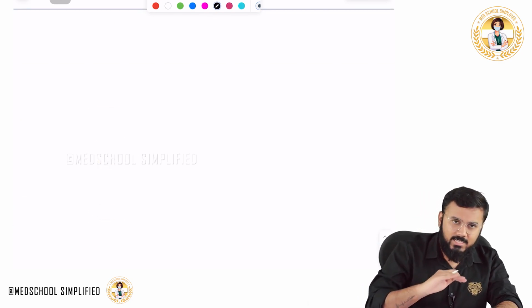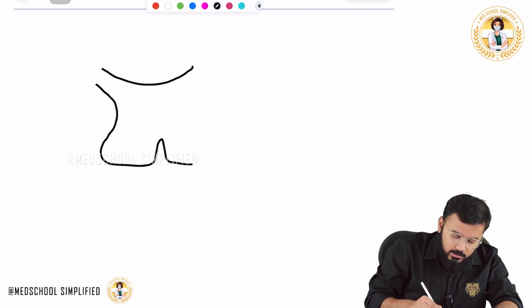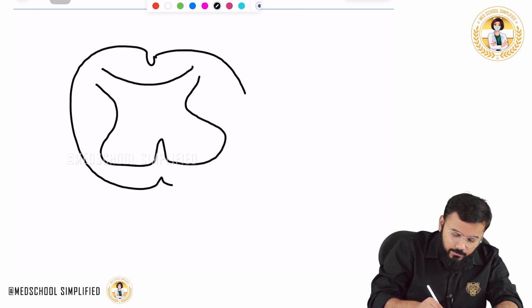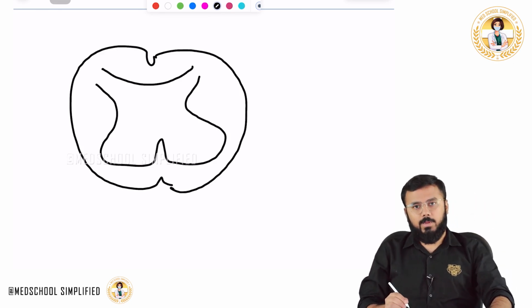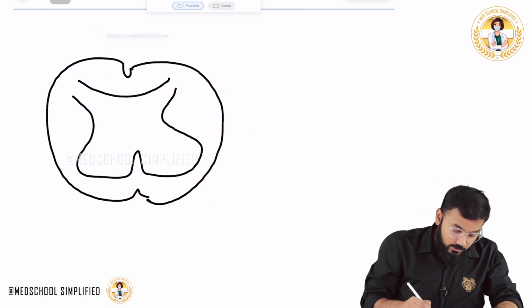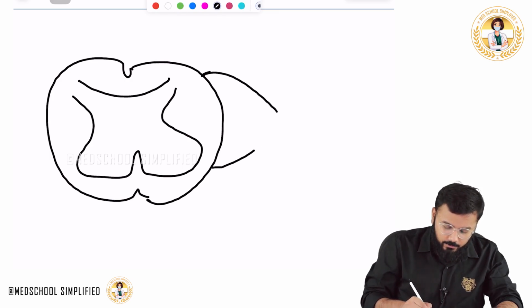If you look at a section of spinal cord, for example, this is a section of spinal cord. In this section, there are a few important things that you should understand.